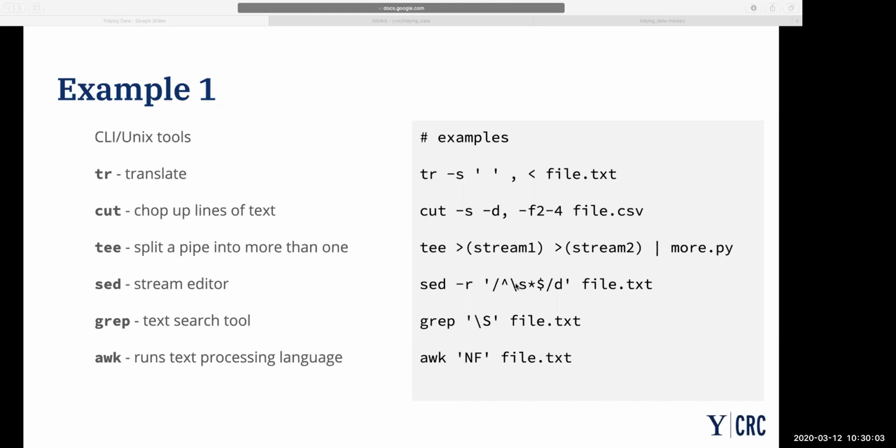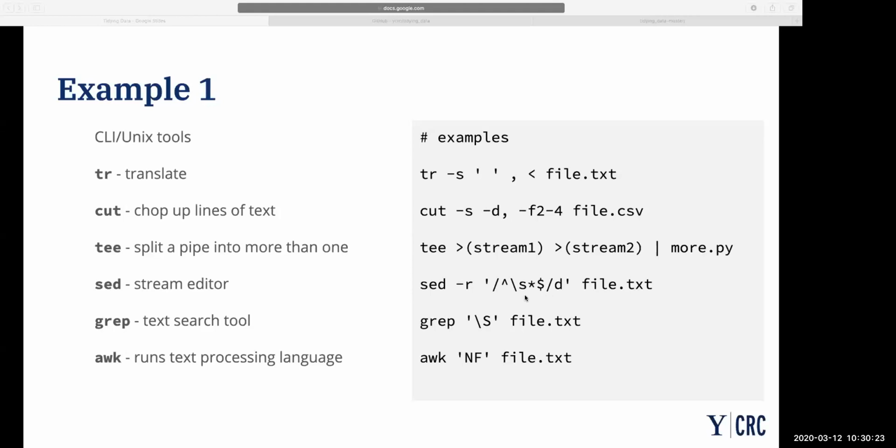This example here, I'm using sed to perform a regular expression filter on a file.txt. And what this thing says, even though it's kind of hideous, is take any line that's just empty white space and skip it.